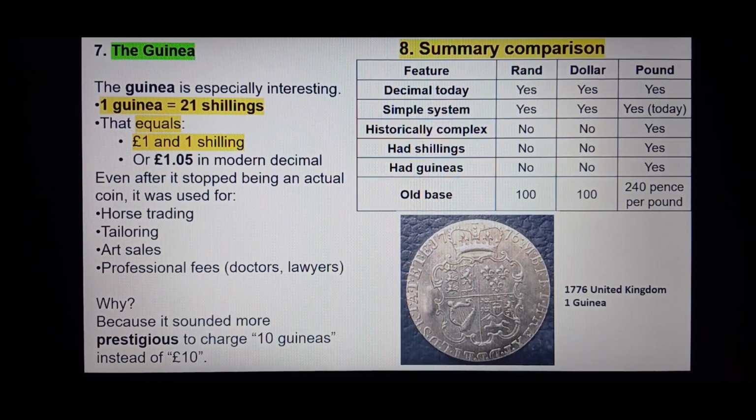It had shillings, the rand, no. The dollar, no. The pound, yes. It had guineas, the rand, no. The dollar, no. The pound, yes. The old base, a rand was 100, dollar was 100, the pound was 240, and now it's 100. So they lost 140 pence when they changed over. Here is a picture of a Guinea, 1776, United Kingdom.